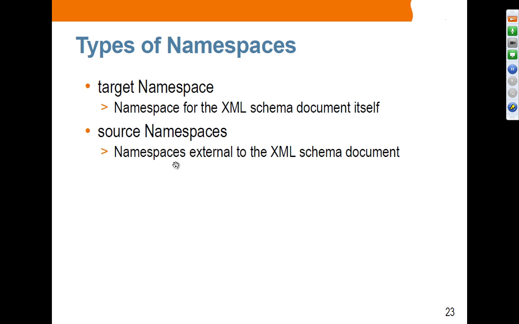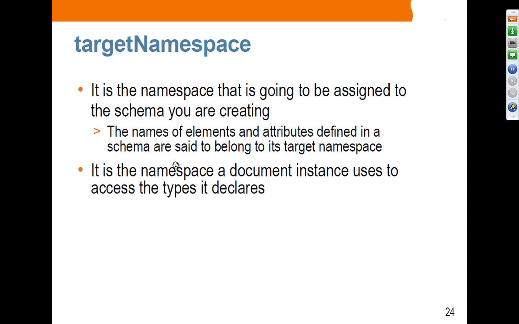Okay, all right. So target namespace, as I said before, is a namespace that is going to be assigned to the schema that you are going to create. We haven't seen the schema yet. We have seen XML document instances, but we haven't seen the XML schema that defines the syntax of those XML document instances. When you are creating an XML schema in which you define elements and attributes, you have to provide a namespace, right?